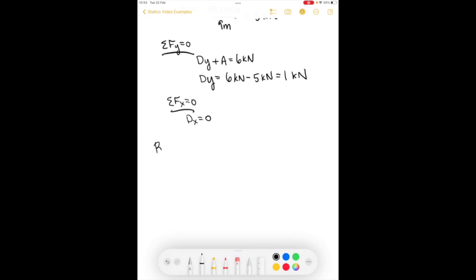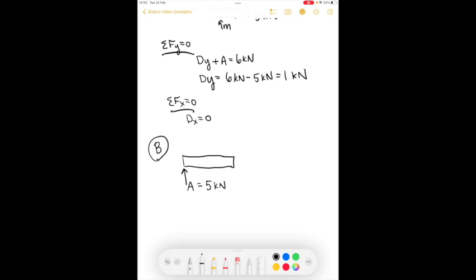So if we want to know the internal forces at point B, which is just to the left of the 6 kilonewton force, then we'll start by drawing a section that starts at the left hand at point A. At point A, we have force A, which is equal to 5 kilonewtons.